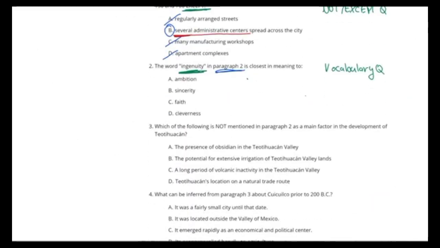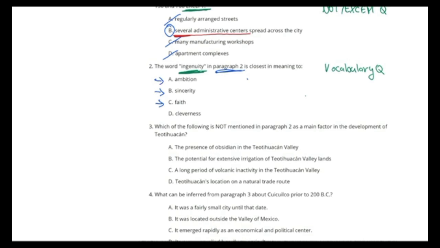Let's have a look at B. Can sincerity be a factor for the development of a city? I don't think so. Can faith of the elite be a factor for the development of a city? Sounds also a bit weird. Ambition could be possible if somebody's very ambitious and does a lot.